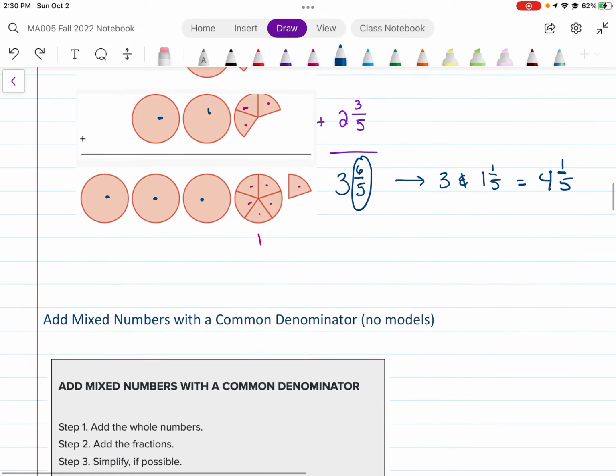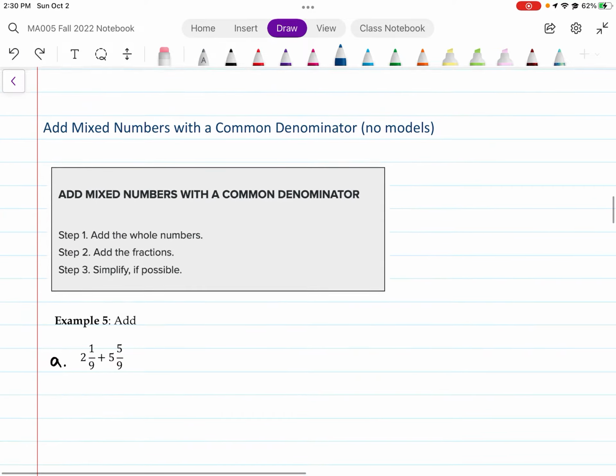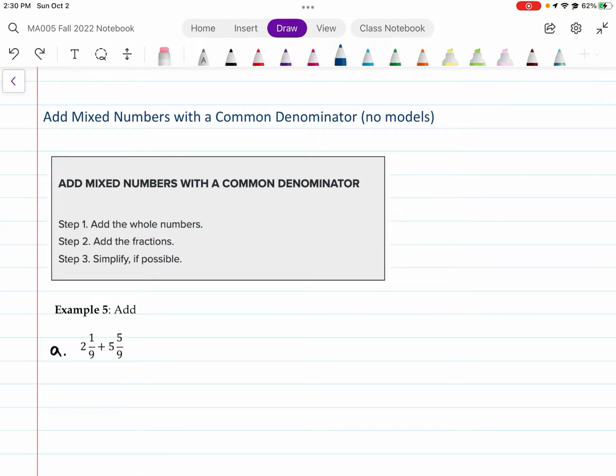Okay, so adding mixed numbers with a common denominator with no models this time. Step 1 is to add the whole numbers, step 2 is to add the fractions, and then simplify as best you can. So let's do the whole numbers in blue. I've got 2 plus 5, so that's what I want to do first. And then I'm going to think about the fractional part, the 1/9 plus the 5/9.